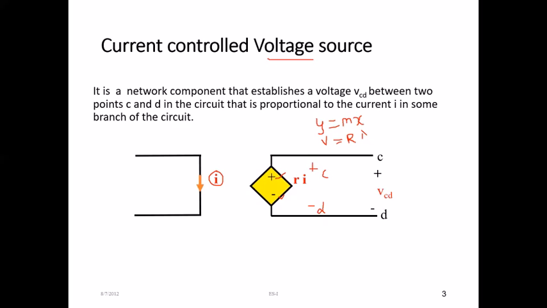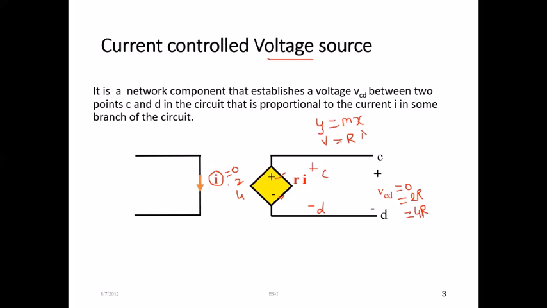So in a current controlled voltage source, the voltage across the two terminals depends upon the current flowing in some other branch. For example, if the current flowing in this branch is 0, then VCD will become 0. If the current flowing in this branch increases to 2, then the voltage across the dependent source will become 2 times the slope R. If the current increases to 4, the voltage produced by the source increases to 4R.